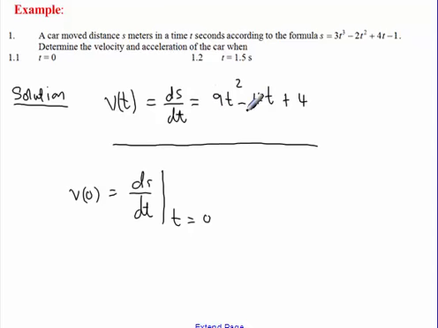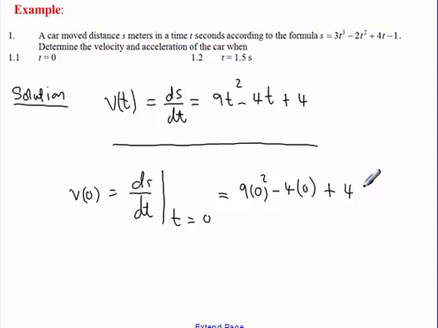Leave it there as it is. Then you say equals 9(0) squared minus 4 times 0 plus 4. I'm using brackets there because I don't want that to look like 40 or 90 squared.